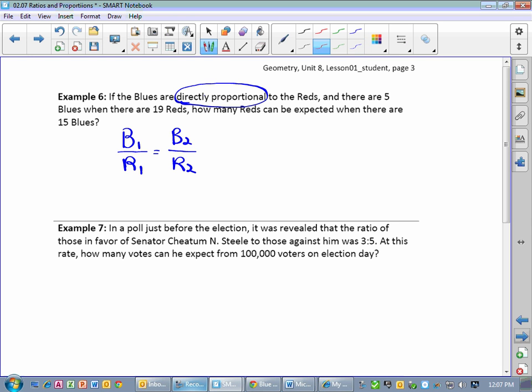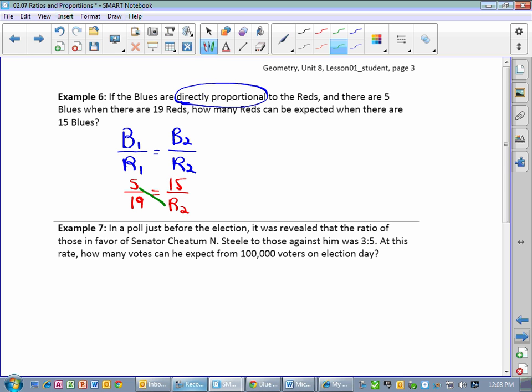So it says there are 5 blues when there are 19 reds. So the first ratio will be 5 to 19. And that needs to equal, it says how many reds can be expected when there are 15 blues. So do we know B2 or R2? B2 would be 15 over R2.